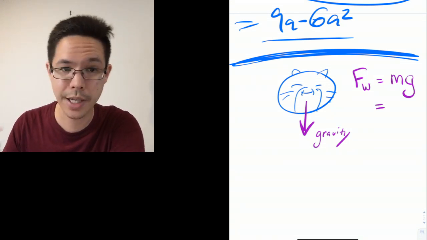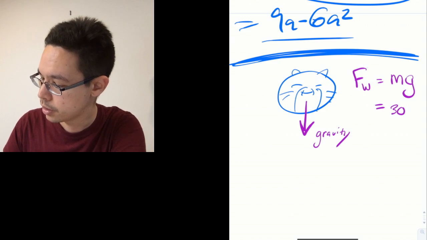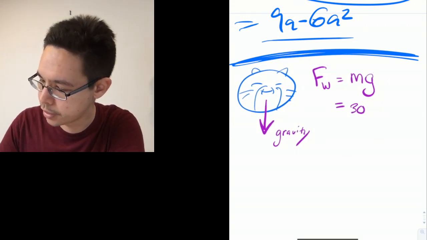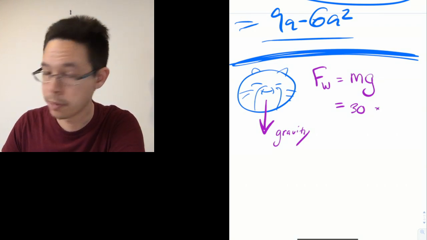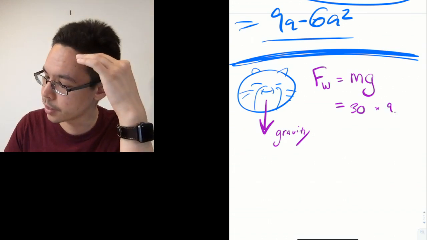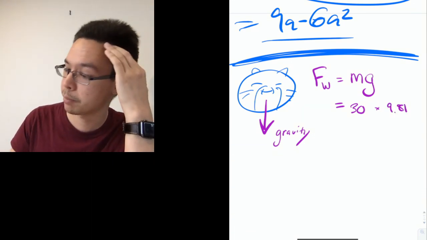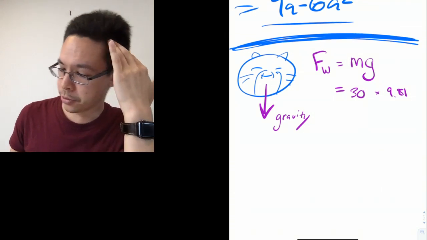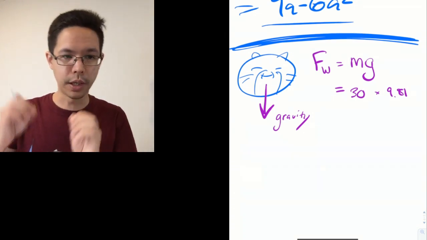So if you have a mass of 30 kilos, and you're multiplying it by the acceleration due to gravity on Earth, that number is 9.81. It's a magical number, kind of like pi is a magical number of 3.14. G has a magical number of 9.81 for the Earth.